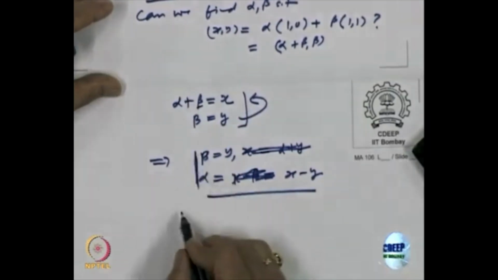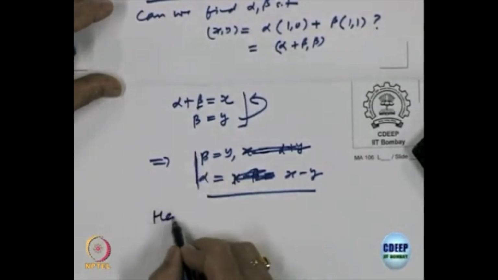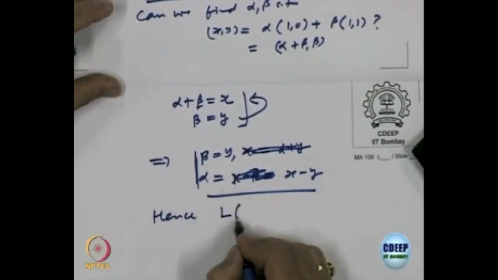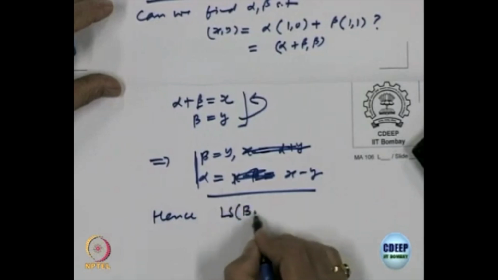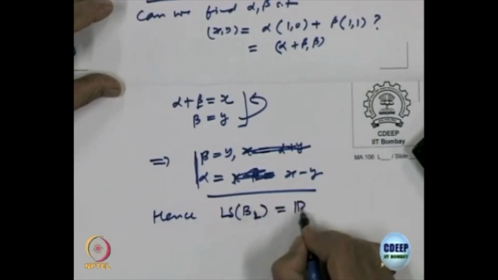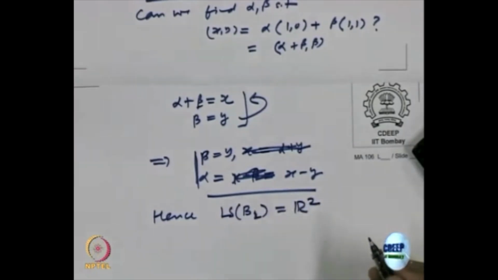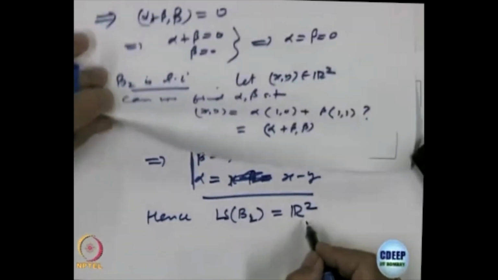So I have found them. Hence the linear span of B2 is also equal to R2. So we have verified both things: the linear span is equal to R2 and it is linearly independent.